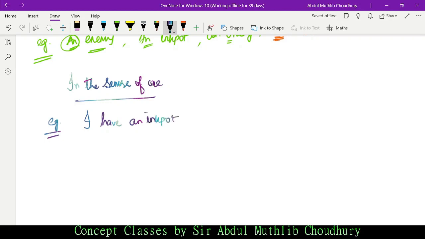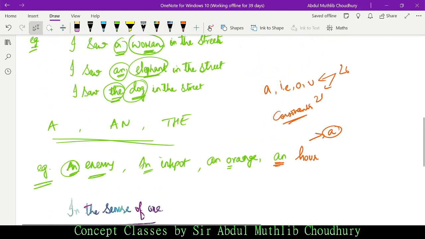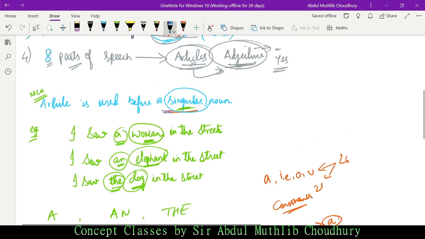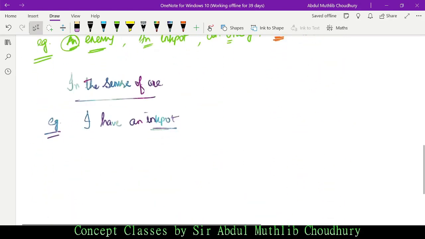An ink pot means how many ink pots? One. So when I say one, this is the same concept of a singular noun. I'm just extending it a bit, in the sense of one. One means singular noun. I have an ink pot. I have an hour to reach at the airport, or any example you take.